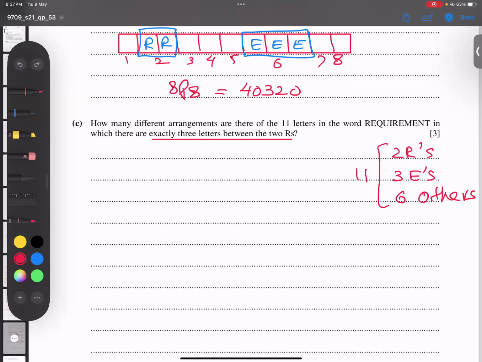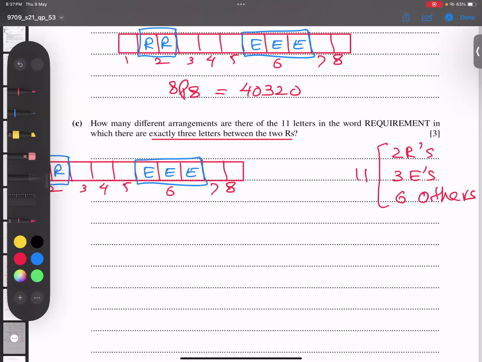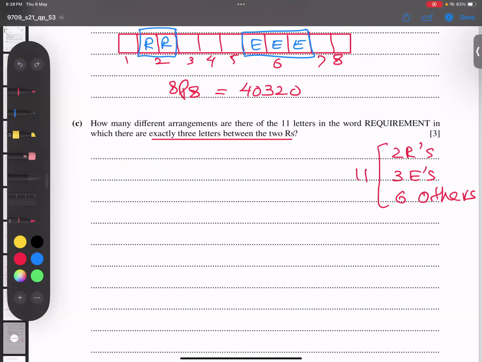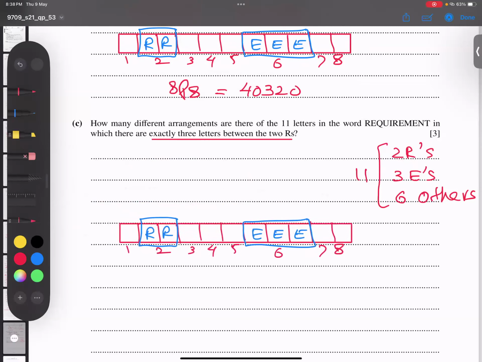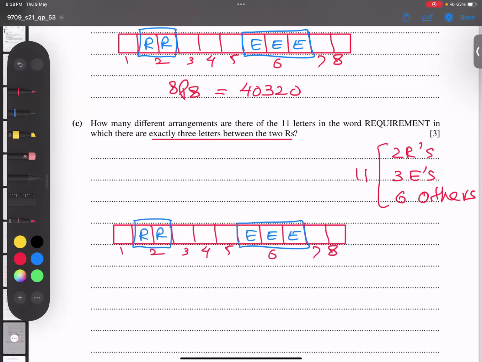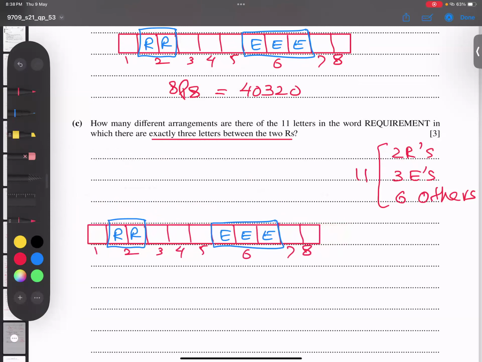Okay, so let me try to make this box. Copy, paste here, paste here. How many options do you have to do it? Let's think about that.